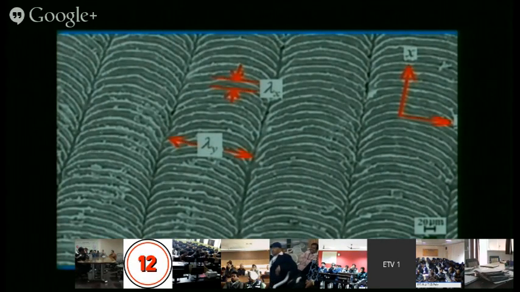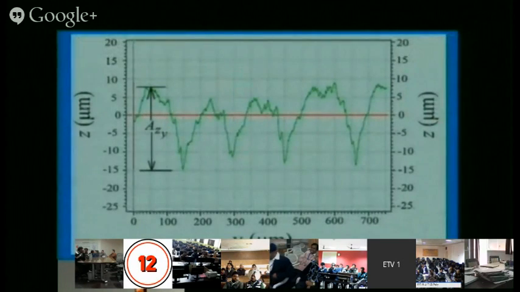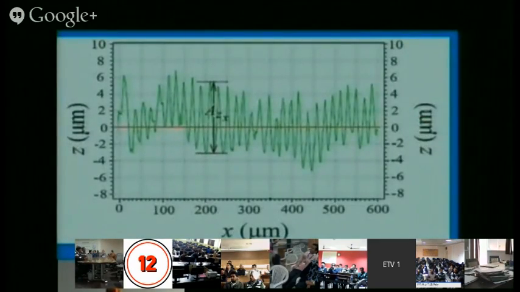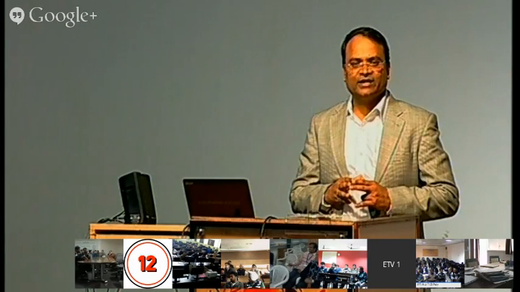Here you can see the distance over which the feature repeats. It was measured using a surface profilometer, and then equations were created, with y-axis and z-axis in one view, and x-axis and z-axis in the other. We took this equation of the surface and did mathematical modeling to understand whether friction is reducing or not. The analysis reveals a drastic reduction in friction.